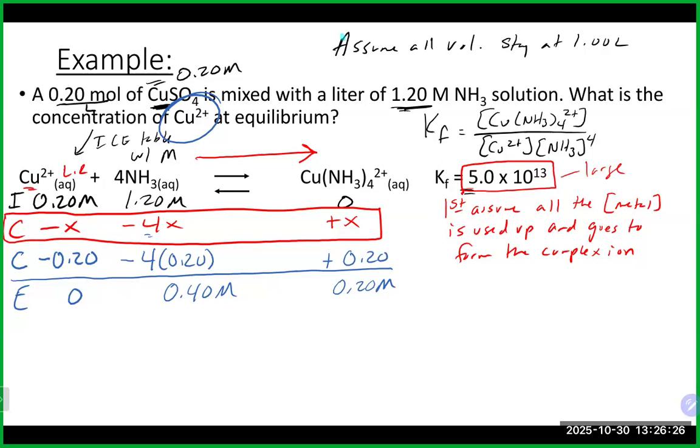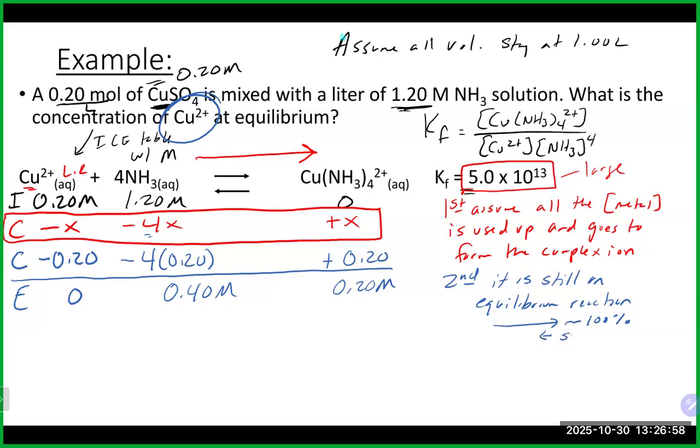But this is where the second part of the assumption comes into play. Even though that is a really large K value, it is still an equilibrium reaction. Which means even though almost 100% of it is heading to the product side, there will be a smidge of it going back the other way.